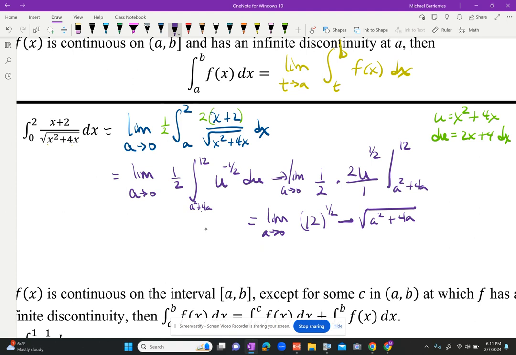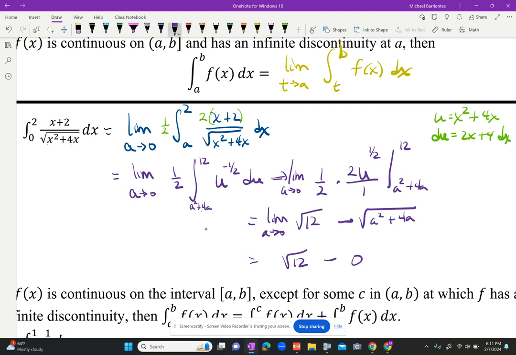Well, if I take my limit value that a is approaching, and I substitute it into my formula, I'm going to get 0. By the way, this 1/2 power, I could have written it as the square root of 12.